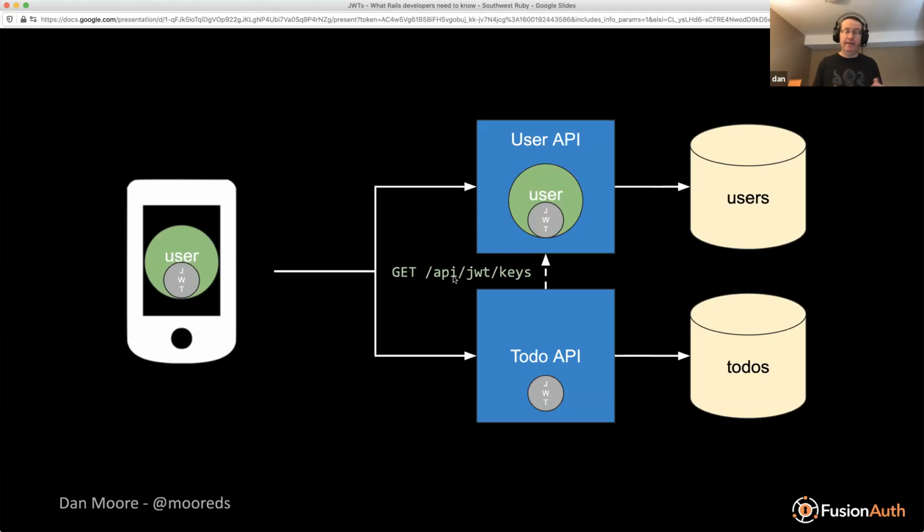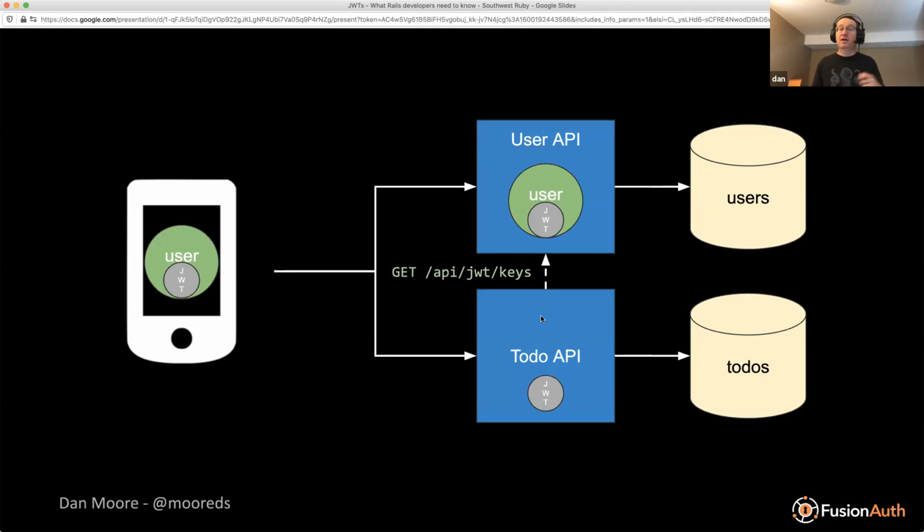Now, you may say, Dan, this is coupling the user API and the to-do API again, which is something we were trying to avoid when we talked about why we should move from opaque tokens to JWTs. And I would say, yes, there is some level of coupling here, but it's a lot less, right? You're not making a request every time you get a token or building your own caching layer. You may want to or need to cache the public keys, but you can do this a lot less often, right?